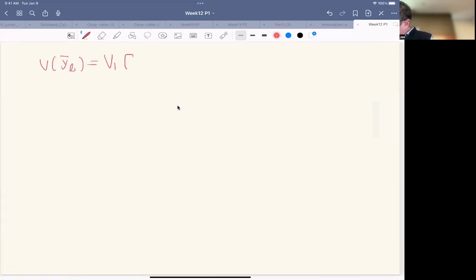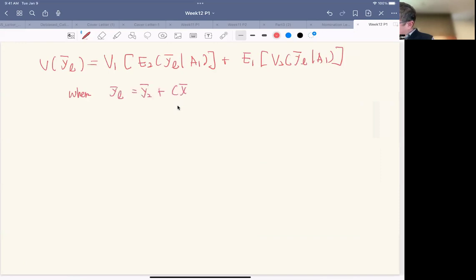So that is the variance of the expectation of, plus the expectation of the variance of, where y bar L is y bar 2 plus x bar 1 minus x bar 2 prime B. For the first term, we already computed what's inside, right?